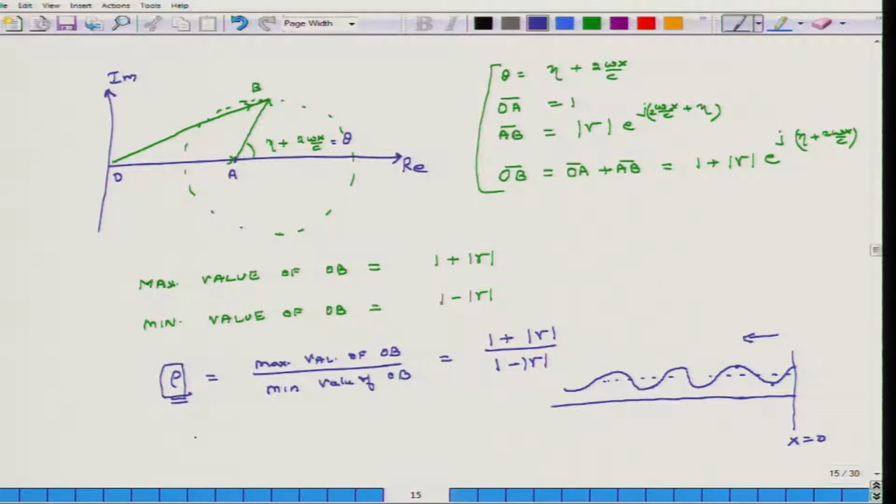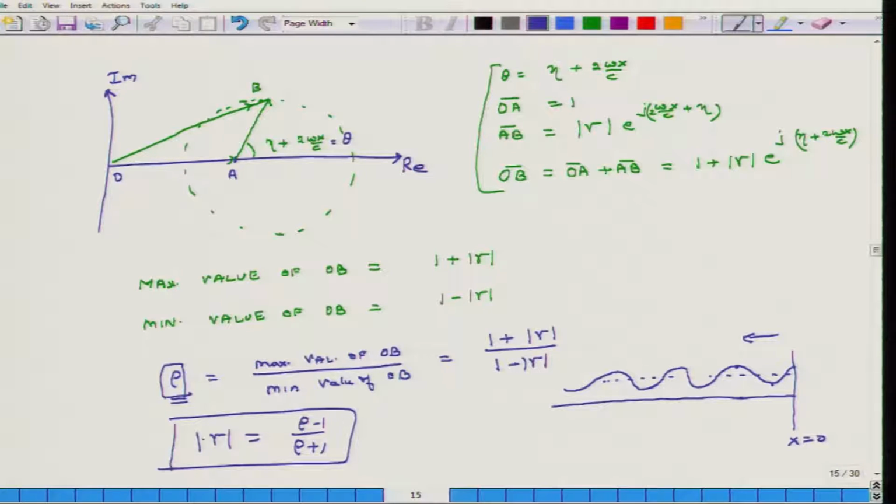So, once I know rho, then I use this relationship, rho equals 1 plus modulus of gamma divided by 1 minus modulus of gamma, and I can say that modulus of gamma equals rho minus 1 divided by rho plus 1.